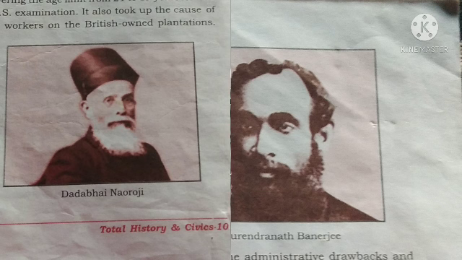Now, how was the Indian National Congress formed? The Indian National Congress was formed in 1885 by A.O. Hume, a retired British member of the Indian Civil Service. He wanted to set up an organization that could draw the attention of the government to administrative drawbacks and suggest means to rectify them.